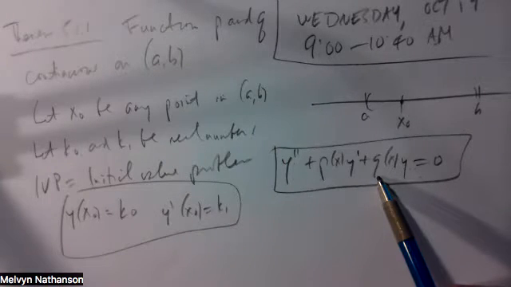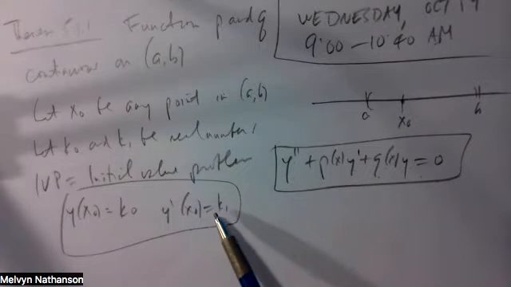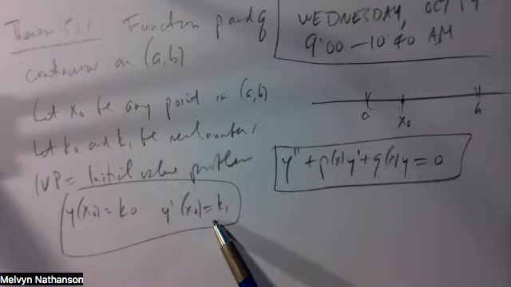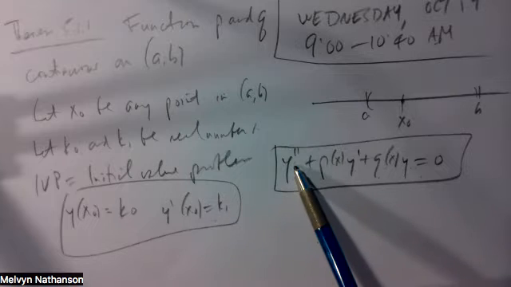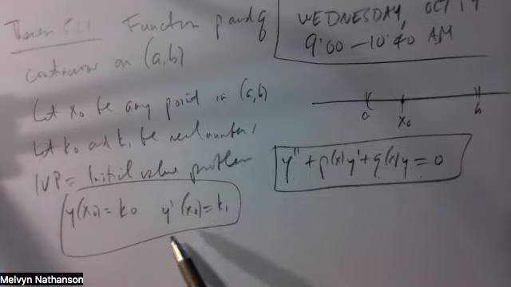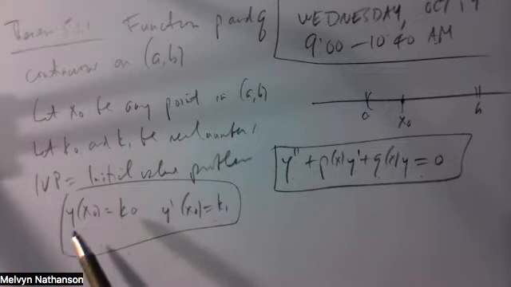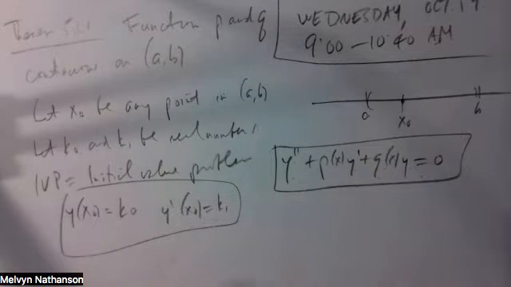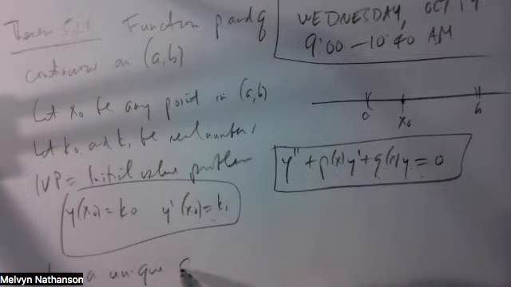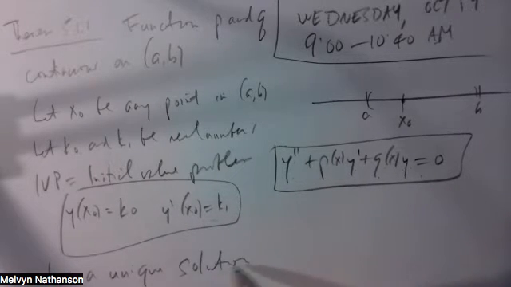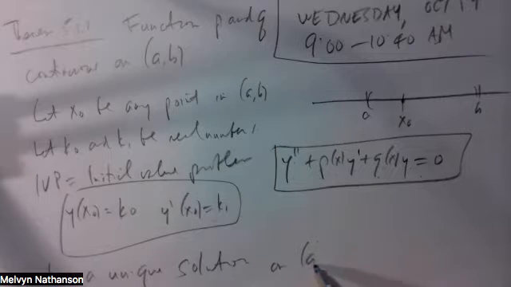So here's the differential equation. We want to find a solution that satisfies this initial condition. It's a second order equation, and there are 2 initial conditions, one for y and one for y prime. And the theorem says the initial value problem always has a unique solution on (A, B).